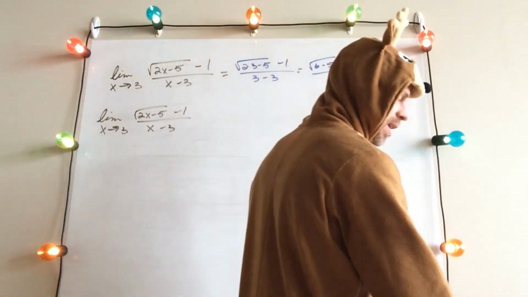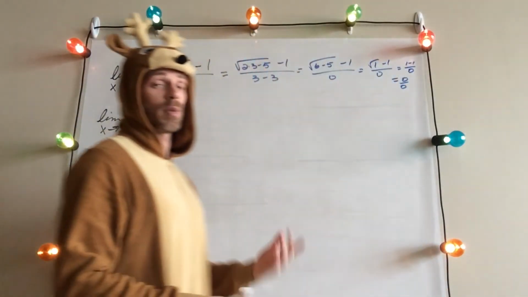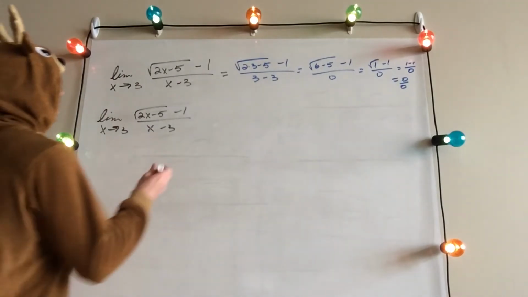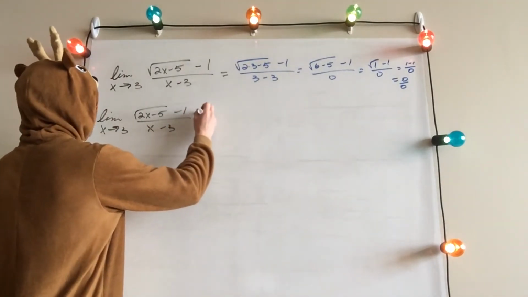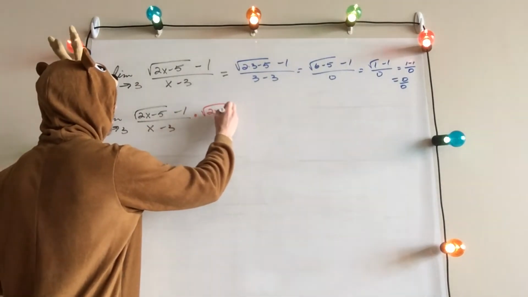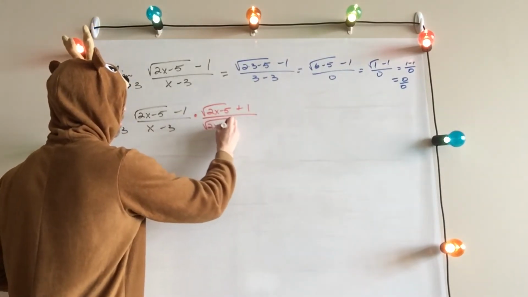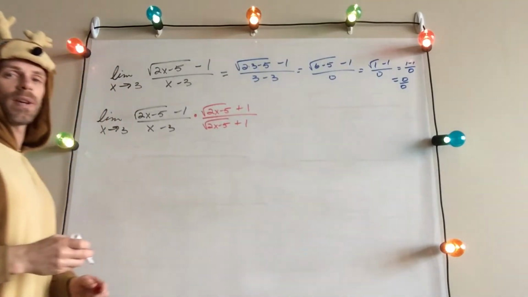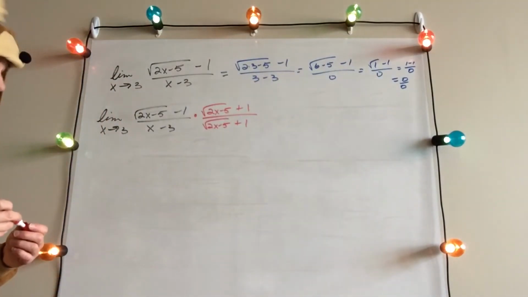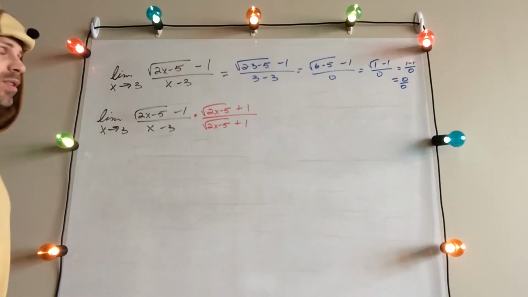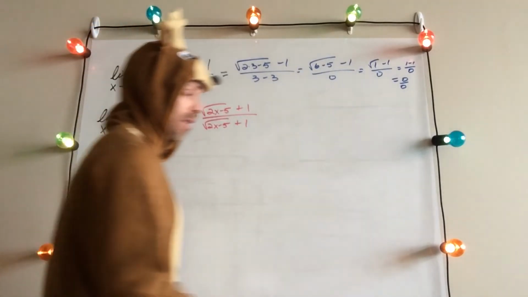So let's see if maybe we can unsimplify this to put the radical back down low. Alright, so multiply top and bottom by the conjugate of the numerator this time. Alright, because we're trying to unsimplify this, put the radical back down low, and maybe that will help us.